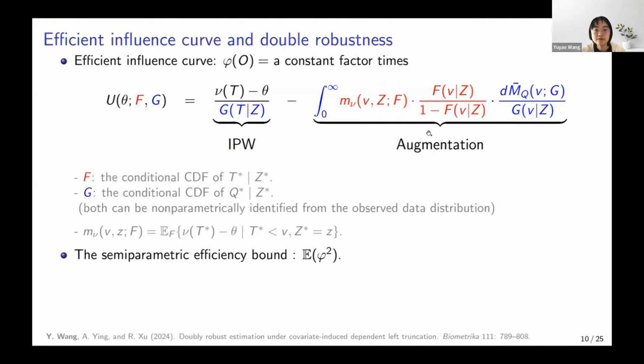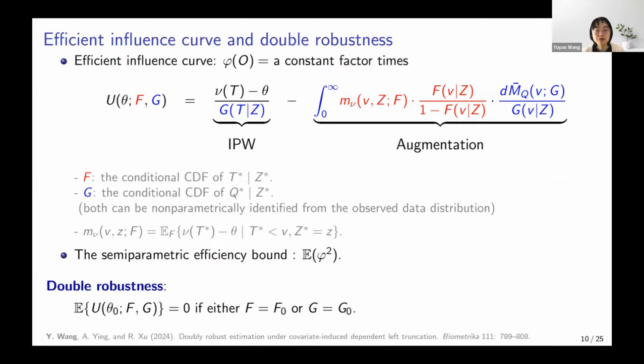And the integrand here involves the conditional distribution of the event time given covariates in the full data. So the two nuisance parameters involved here are the conditional distribution of the event time given covariates, F, and the conditional distribution function of the truncation time given covariates, G. And from the efficient influence curve, we get the semi-parametric efficiency bound for theta.